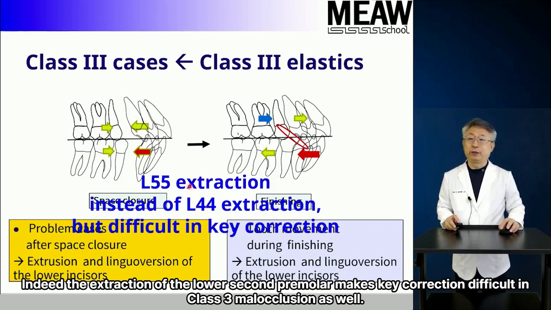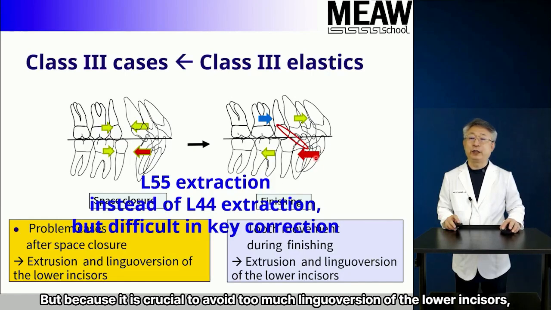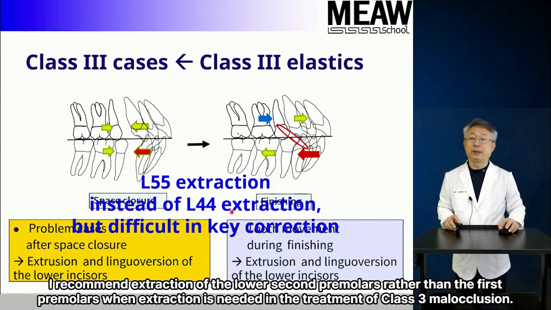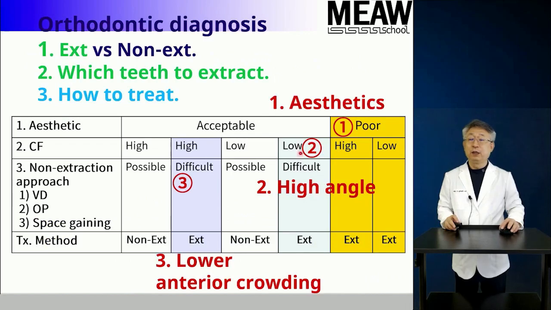Indeed, the extraction of the lower second premolar makes key correction difficult in Class 3 malocclusion as well. But because it is crucial to avoid too much lingoversion of the lower incisors, I recommend extraction of the lower second premolars, rather than the first premolars when extraction is needed in the treatment of Class 3 malocclusion.